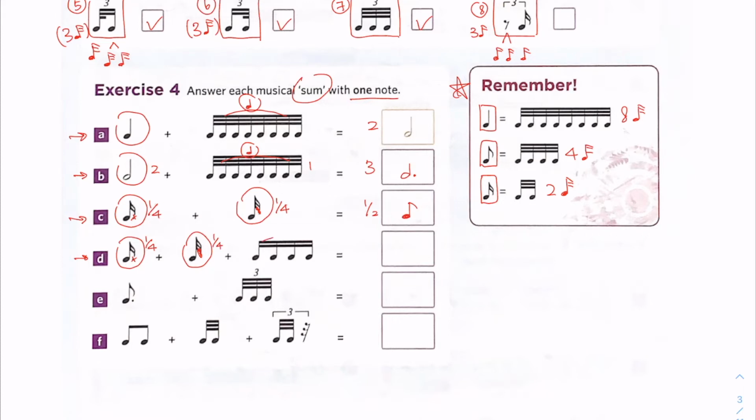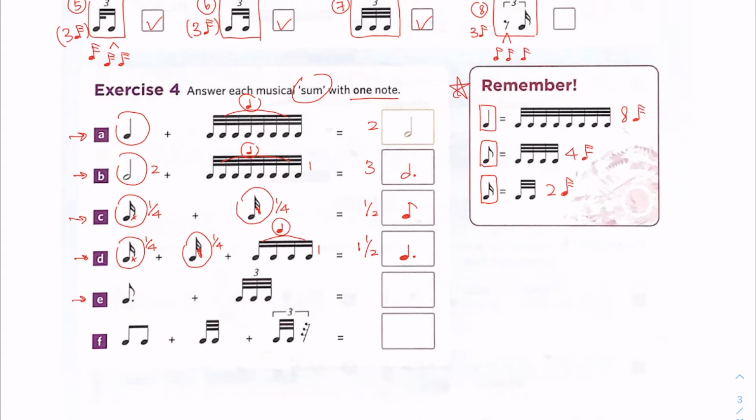Then there are 4 semiquavers. 4 semiquavers is the same as a crotchet. A crotchet is 1. So we have 1 plus a quarter plus a quarter. A quarter plus a quarter is a half. So it will be 1 and a half, which we can show with a dotted crotchet.